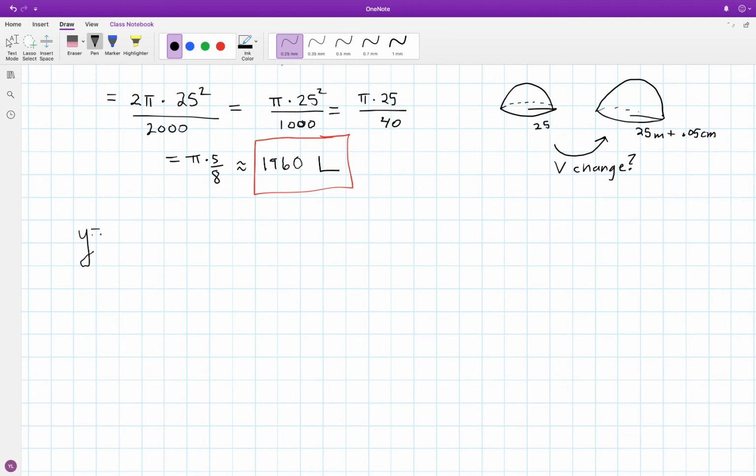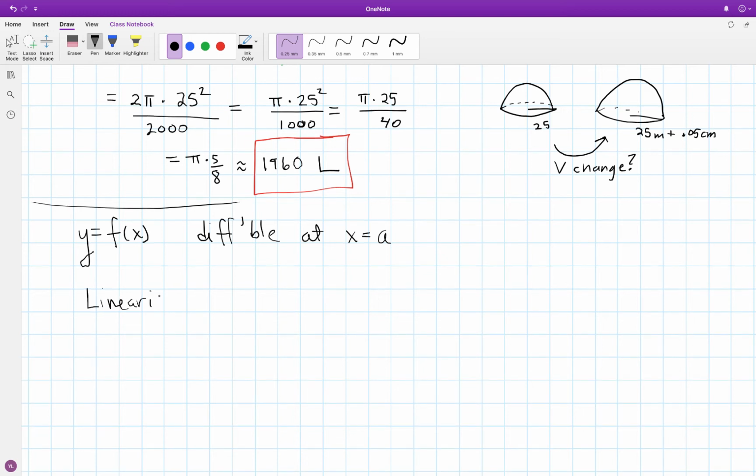When you have a function that is differentiable at an x value, here are the main ideas. The linearization of the function at x equals a is basically the tangent line used as a function in its own right.